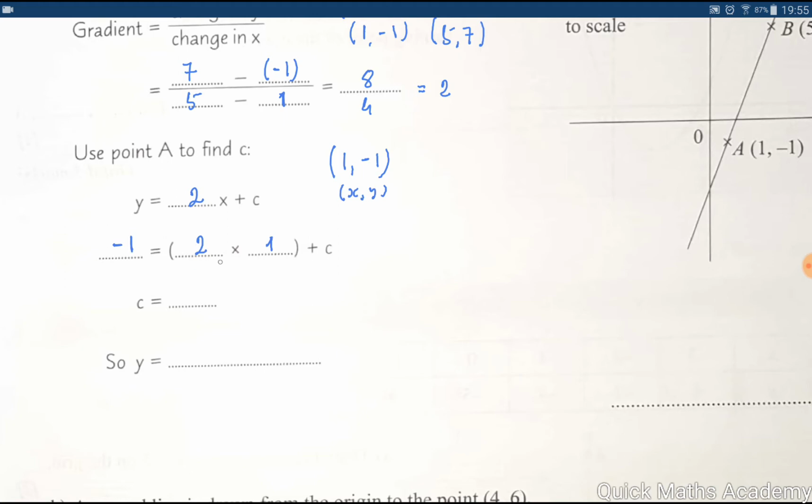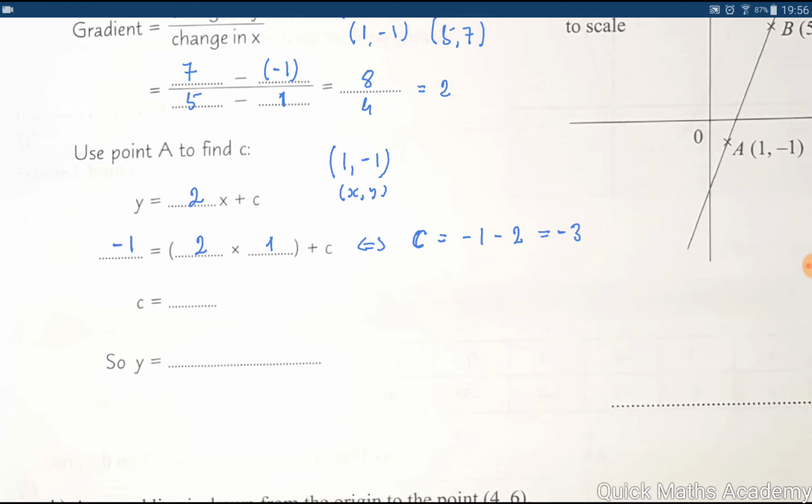So c will be minus 1 minus 2. Let me put this in here. This is equivalent to having that c equals minus 1 minus 2, because this 2 is going to the same side as minus 1, and minus 1 minus 2 will be minus 3.